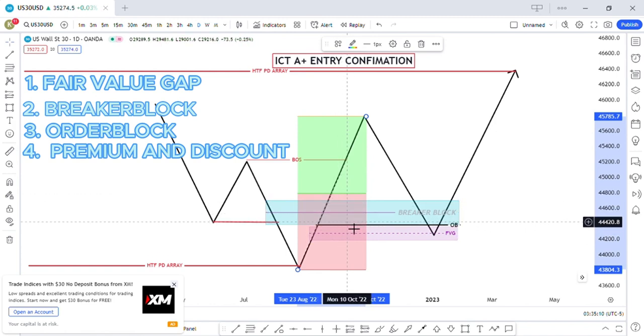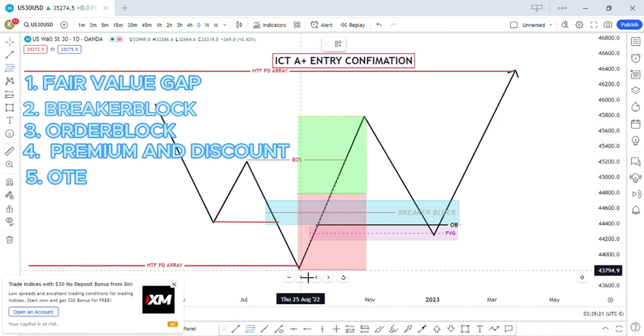The fifth thing that you're going to look for is an OTE. You also use the fib from the low to the high.